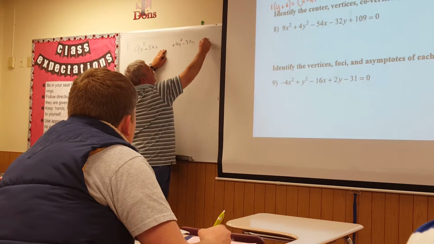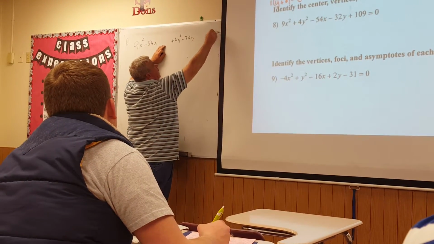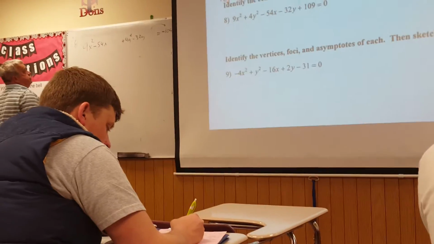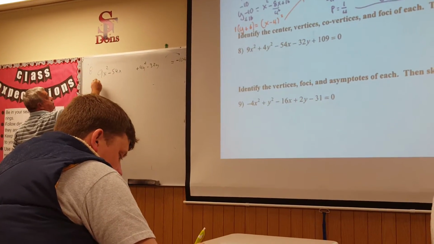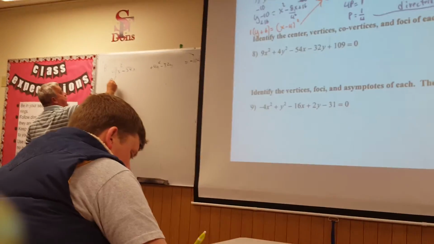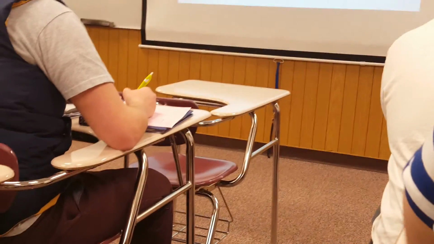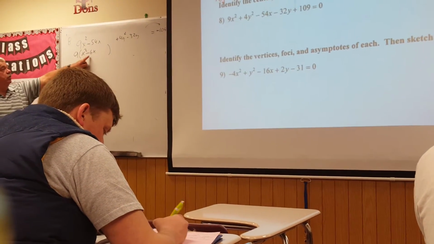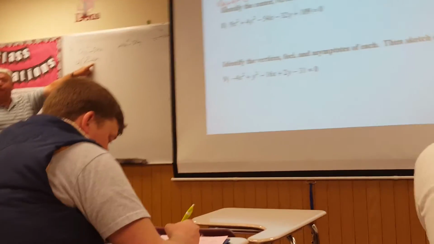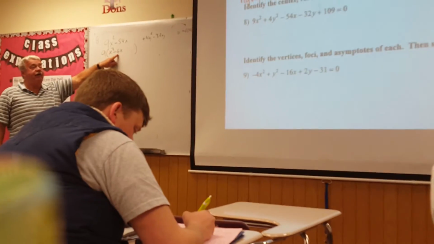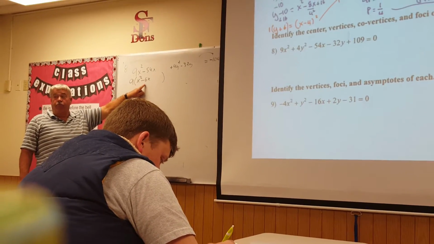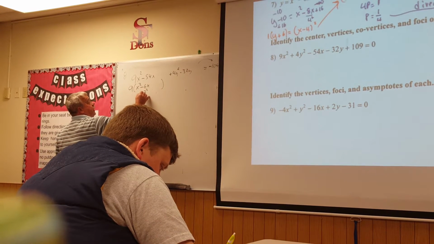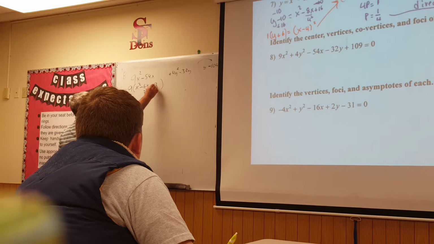And then the -109, I put it over to the other side. Okay, to complete the square, you factor out a 9. That gives me x squared minus 6x. We take, now, if this is an odd number, then we get like 5/2. So hopefully it's an even number for us. This is 3, and then I go 3 squared, so I add 9.